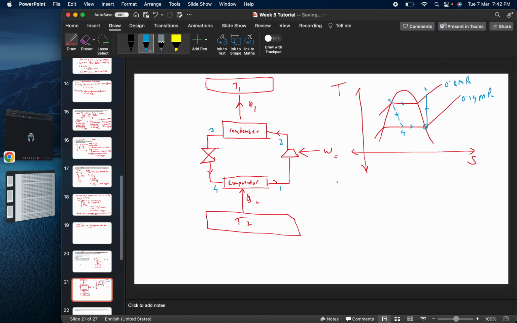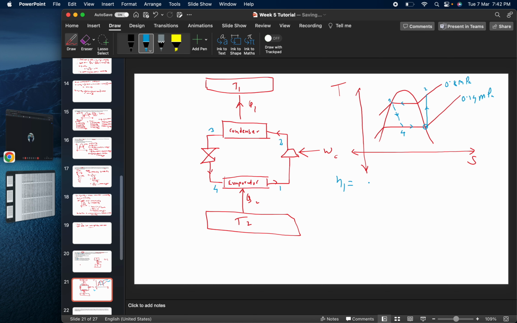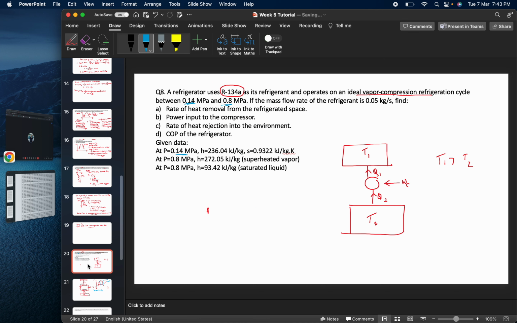So H1 is given as 236.04 kilojoule per kg. Your S1 is also given, but we don't require it, so we won't put it right now.